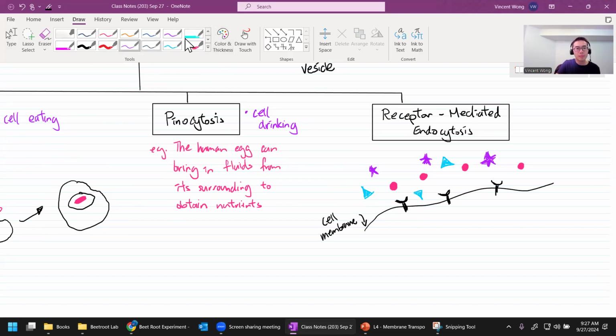So in order to move some of these things in, they need to fit in the receptor. Right? So only molecules or particles that can fit in the receptor will be allowed into the cell. This is receptor, protein receptor. The star cannot come in. The triangle cannot come in because they don't fit, right? Only the circles will be able to come in.